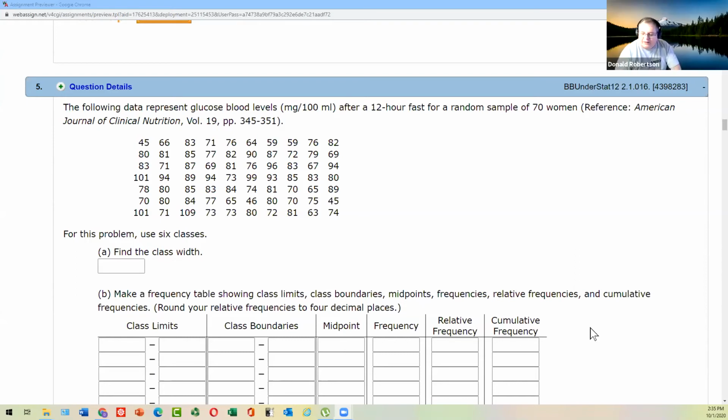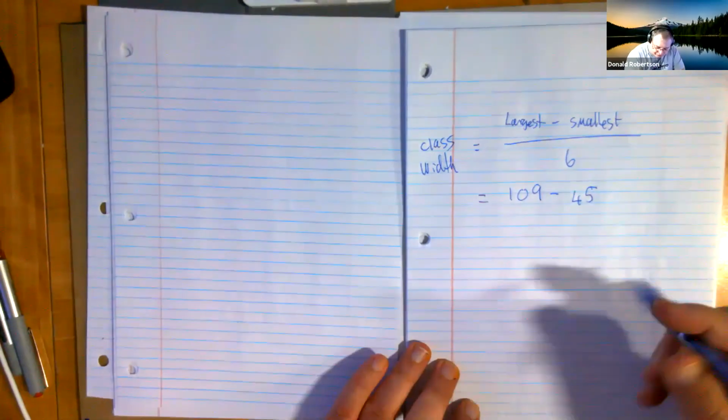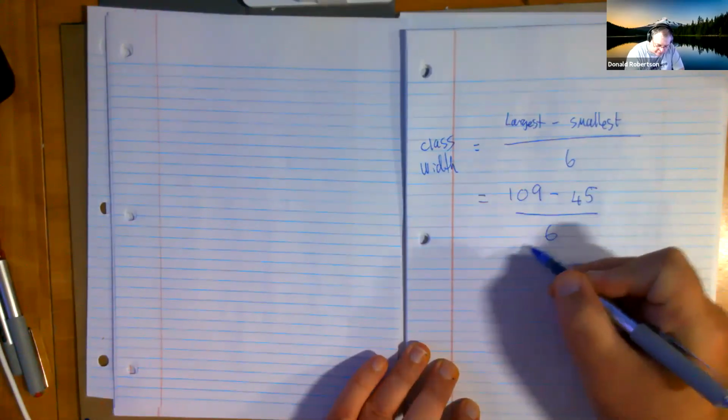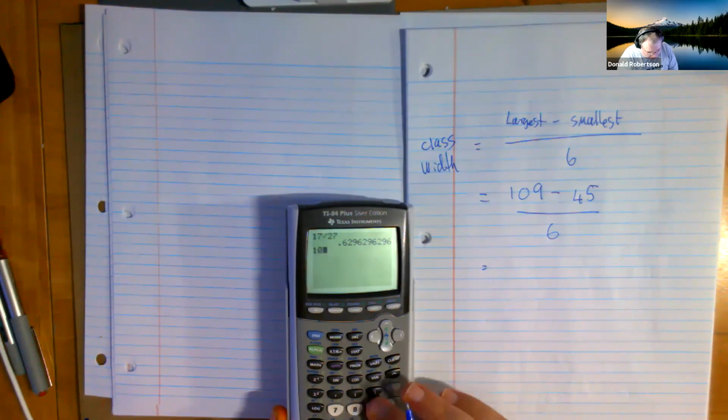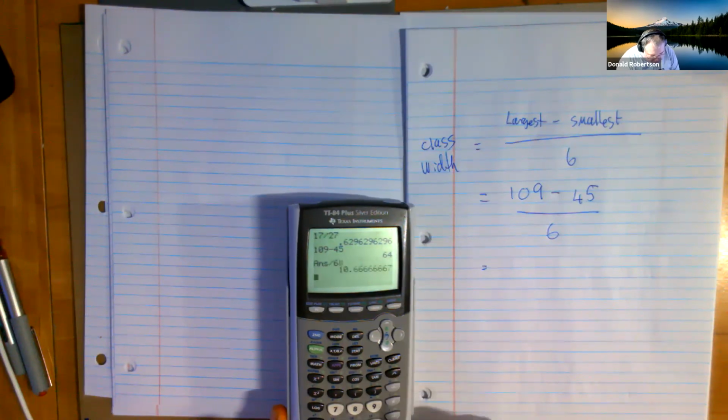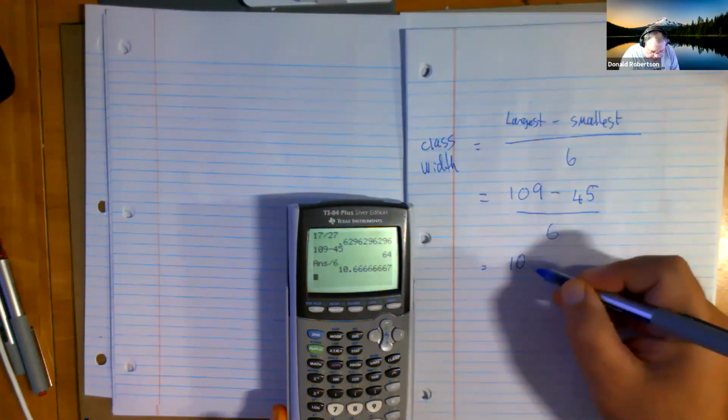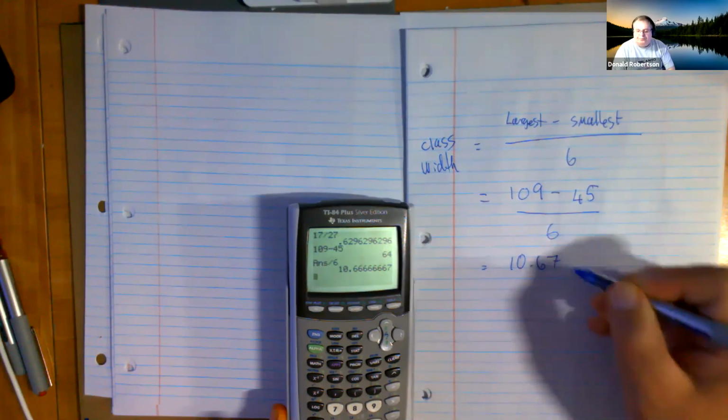So that's the calculation I should have been using: largest take away smallest, divided by how many groups you want. In the question, they said they wanted 6. So I go to my calculator and I do 109 subtract 45 and I get this number. Then I divide it by 6 and I get 10.67 roughly.